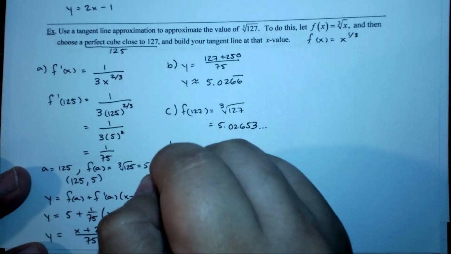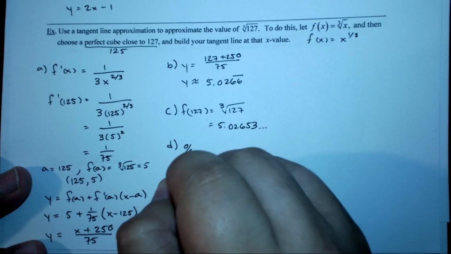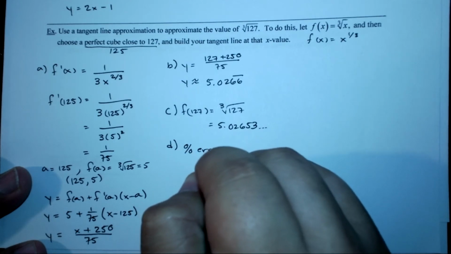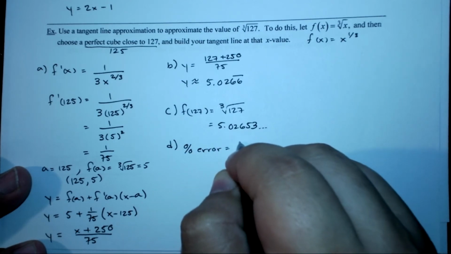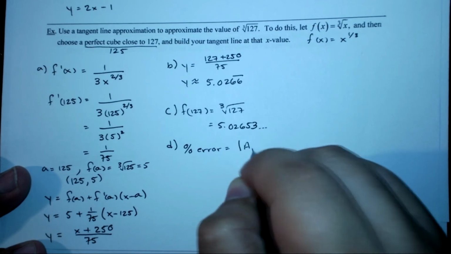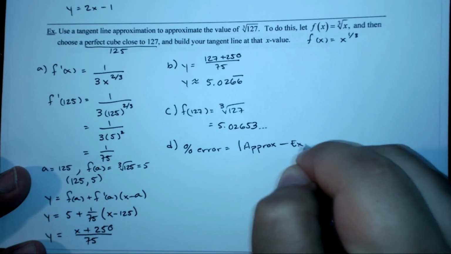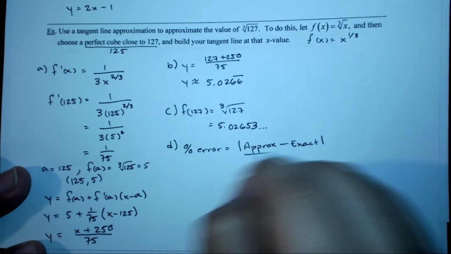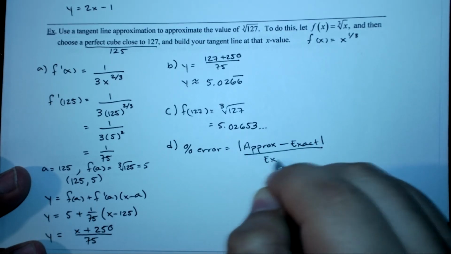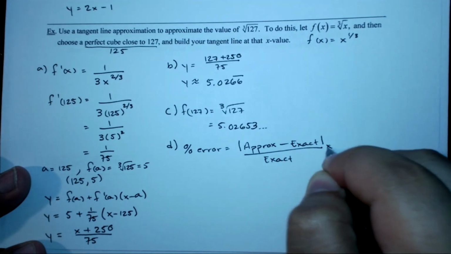So part D was your percent error, which was equal to, we said, the absolute value of the approximate minus the exact, divided by the exact, times 100.